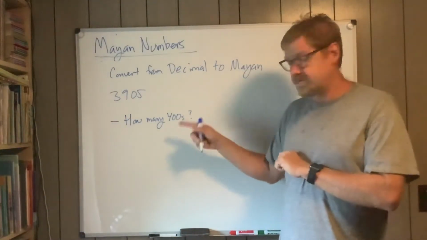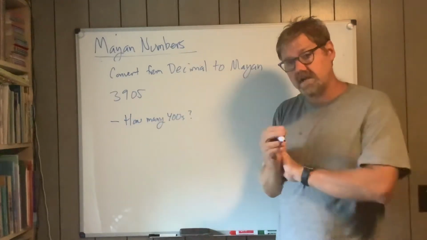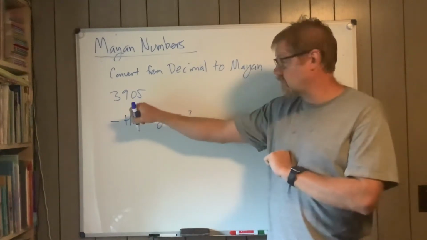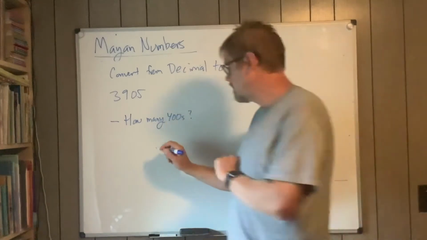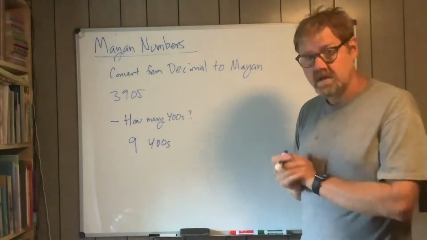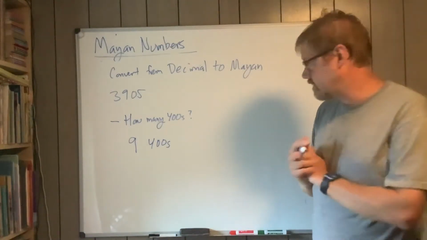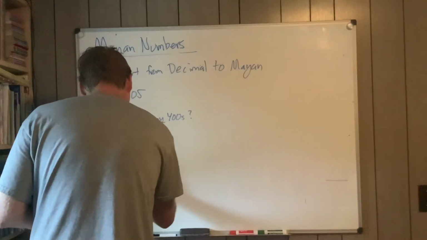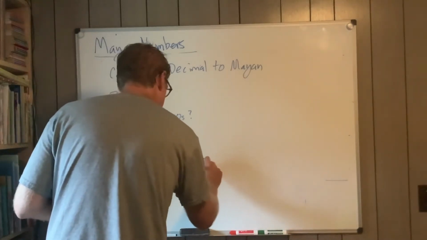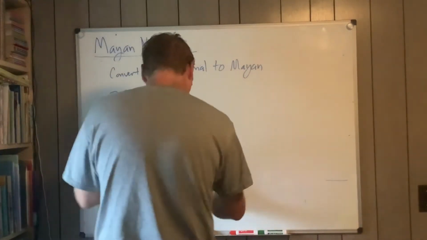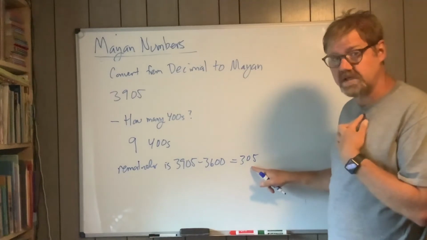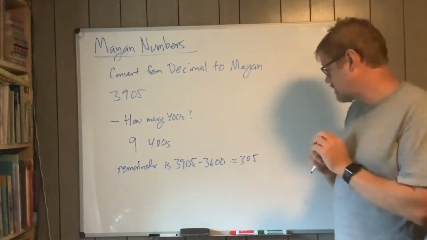You can think about counting up to 400. Hopefully we can think about 10 400s would be 4,000, so that's too many. So I've got 9 400s in there. 9 400s is 3,600. And so the remainder, 3905 minus 3,600, is 305. That remainder needs to be less than 400.